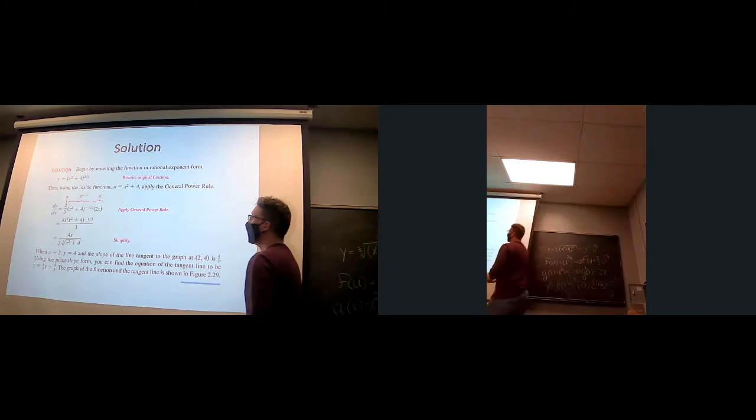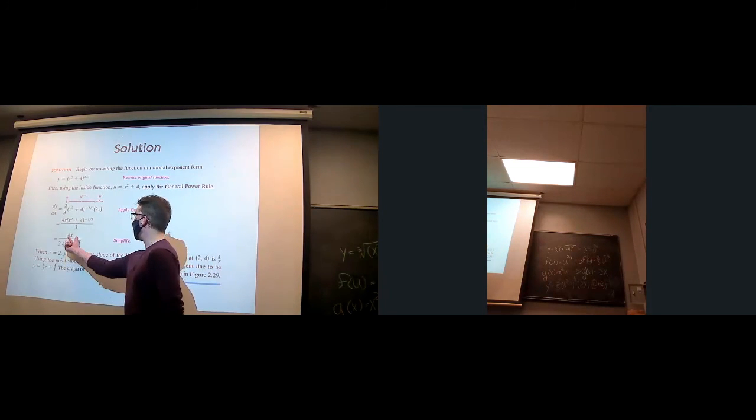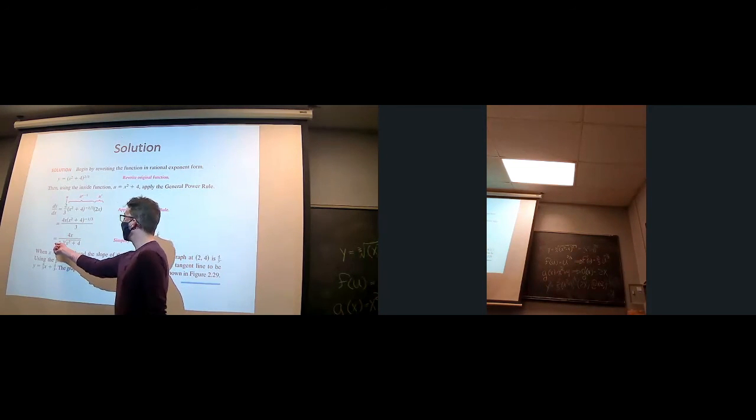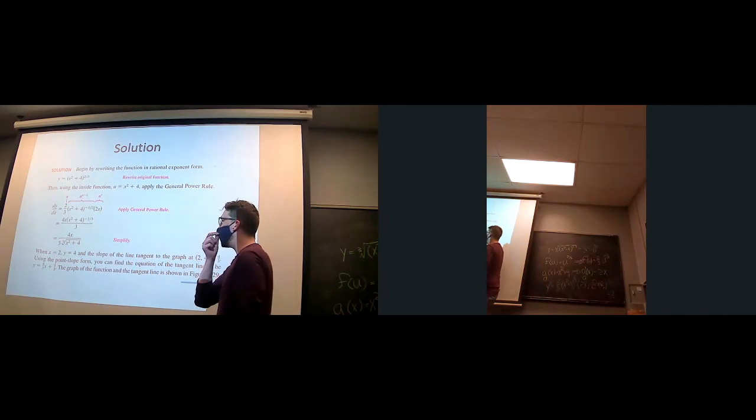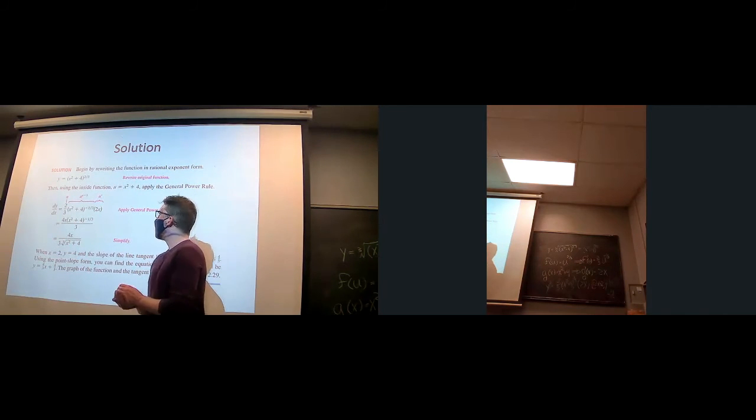Let's run through all of this. We have 4x divided by 3 times the cubed root of x squared plus 4. So far, so good, right? Everything matches up with what we got here.